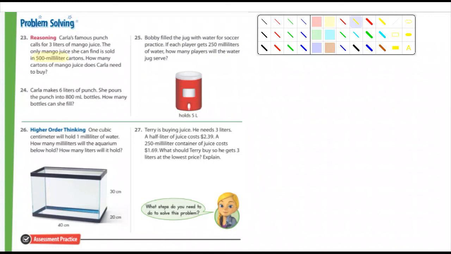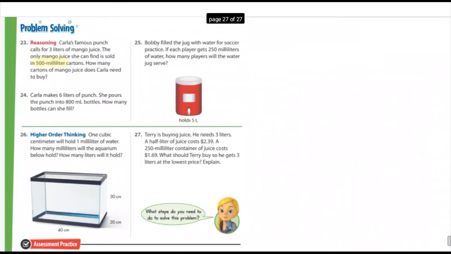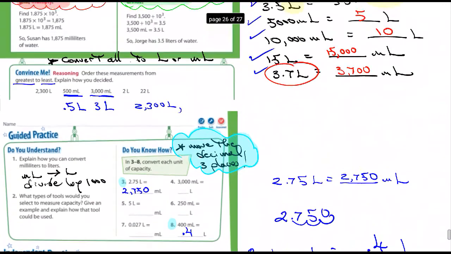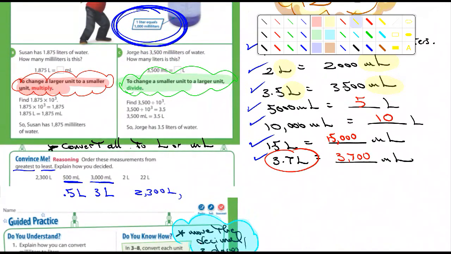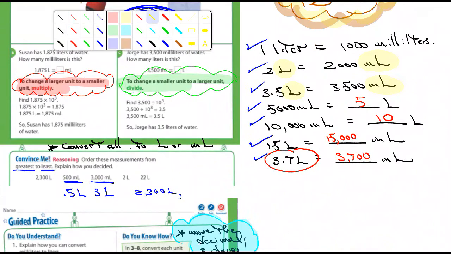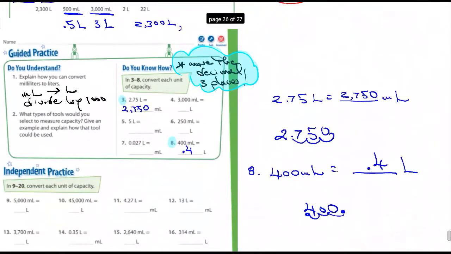So 1,000 milliliters is how many liters? 1.